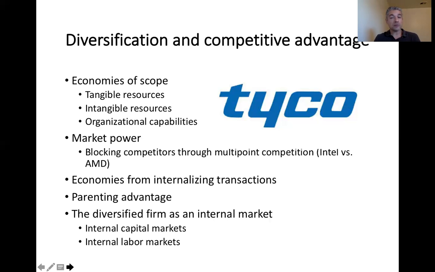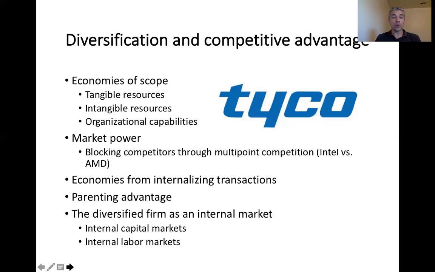So that capability of identifying undervalued companies on the market, taking them over, restructuring the top management team, restructuring the size, the scale and scope of those firms, that was the capability that was creating the benefits and competitive advantage for Tyco as a diversified company.